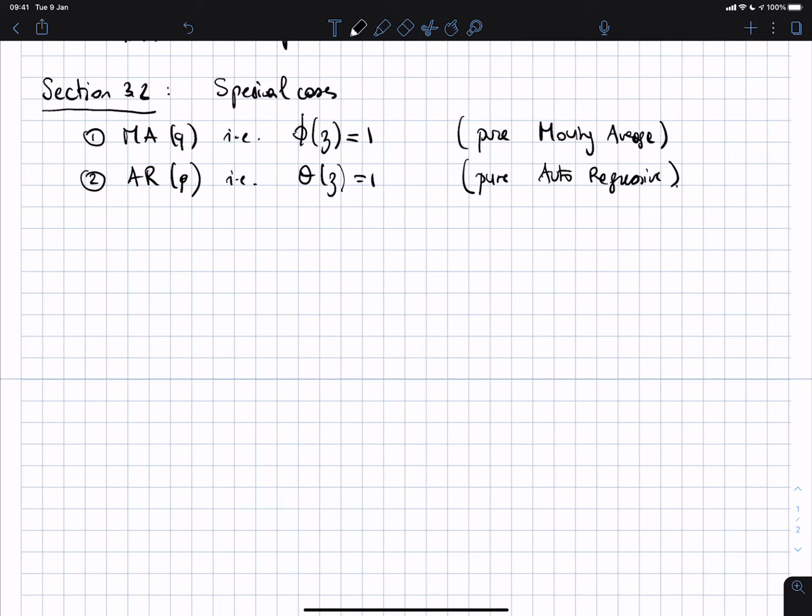So the first one we concentrated on was the moving average. In this case, it has to be a stationary solution to this very simple equation, which is the following.